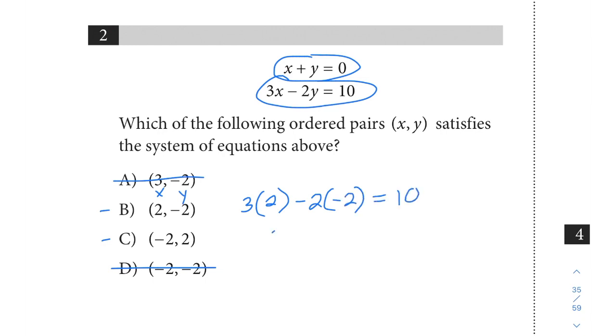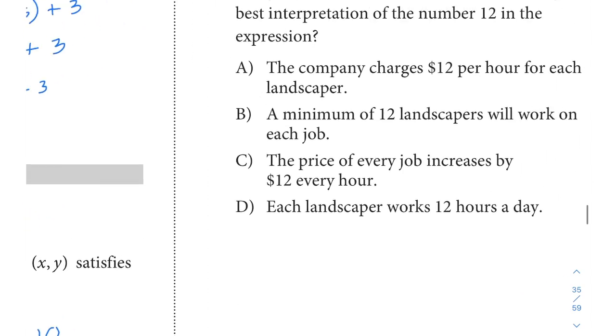And let's simplify. 3 times 2 is 6. A negative 2 times a negative 2 is a positive 4. And that gives us 6 plus 4 equals 10, which does work, and lets us know that we can, in fact, confirm answer choice B is our correct answer here. Let's go ahead and move on to question number 3.